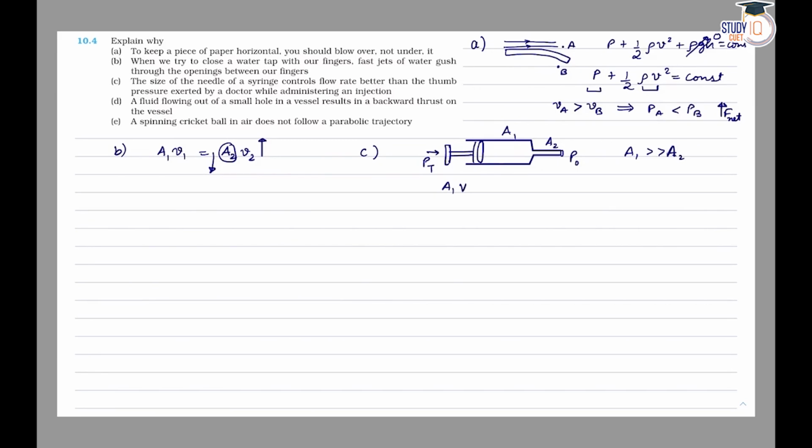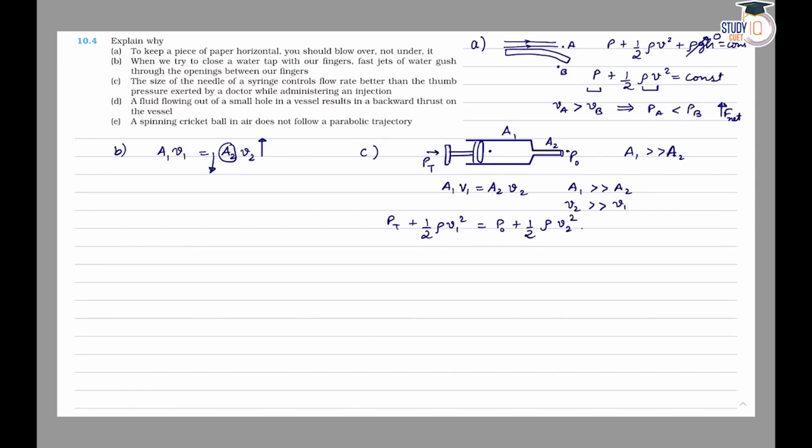Then one thing I can say is A1 V1 is equal to A2 V2. Now since A1 is much more than A2, I can say that V2 will be much more than V1, and if I apply Bernoulli equation at this and this point, I can say that Pt plus half rho V1 square is equal to P0 plus half rho V2 square.